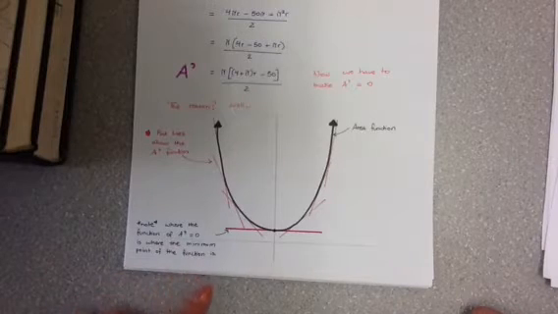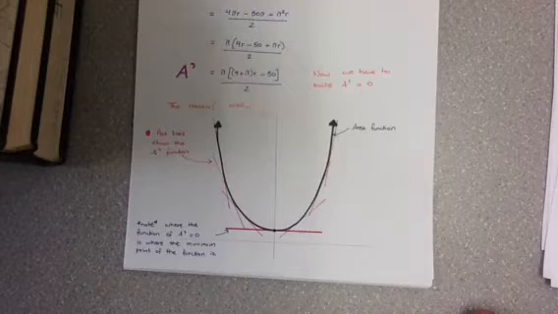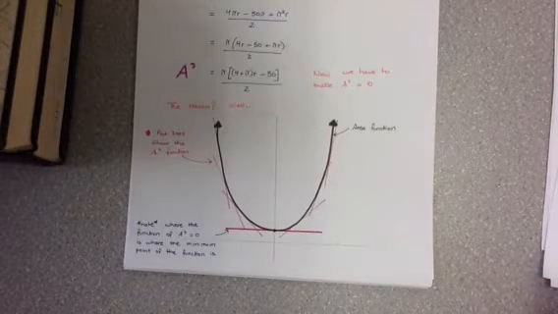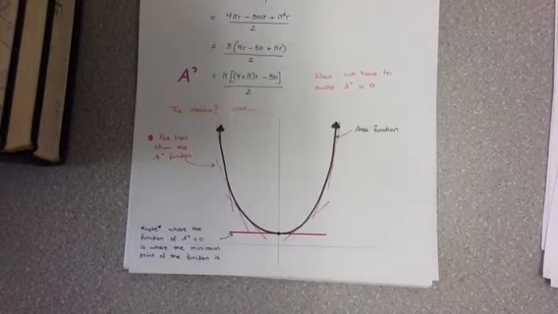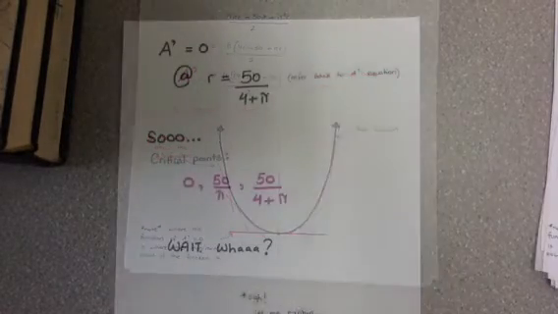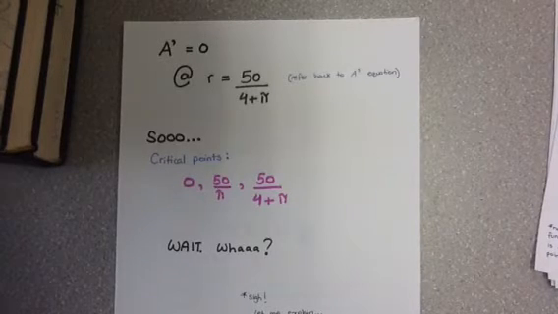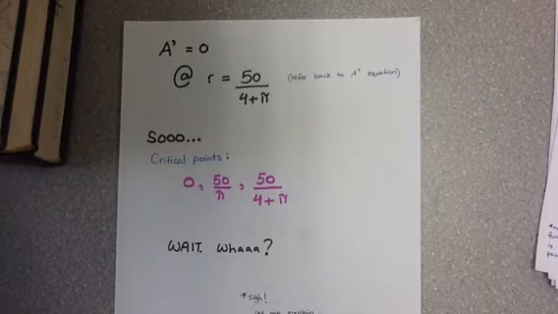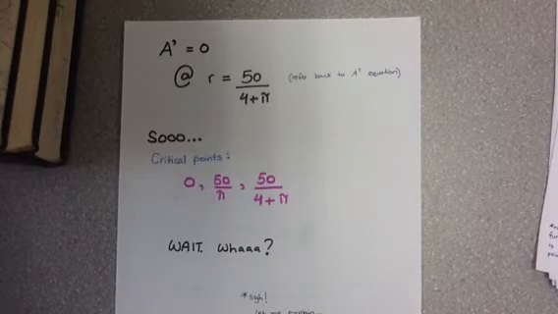So note here that where the function A prime equals 0 is where the minimum point of the function A(r) is. That point right there. So this is our minimum value. A prime equals 0 at r equals 50 over 4 plus pi. Refer back to the A prime equation if you do not understand how we got this value.